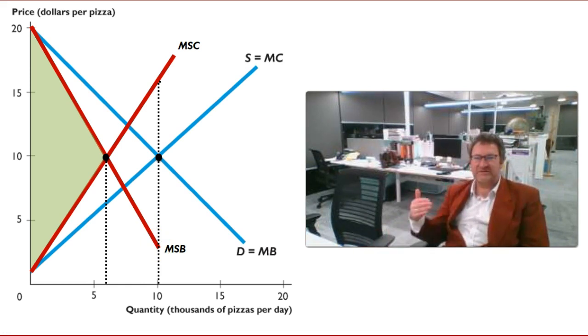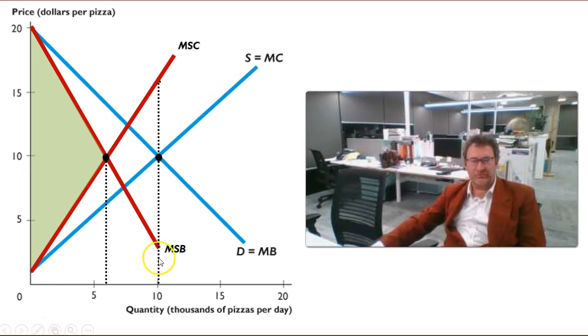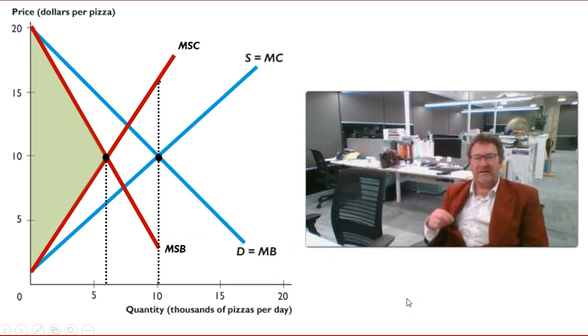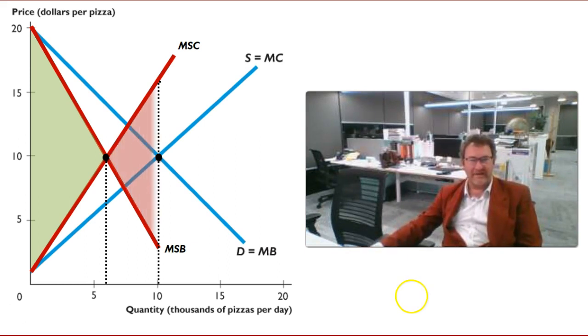That is, the cost to the society is greater than the benefit to society. And that is true for every increment of output beyond the optimum point. So we are effectively taking away from the positive economic surplus which had been generated. What we can call that is the deadweight loss of economic welfare, that area there.